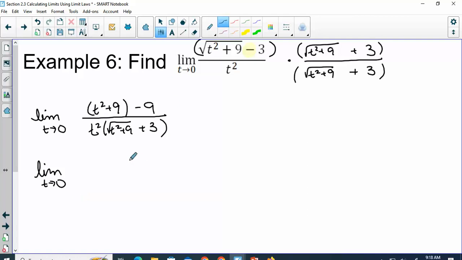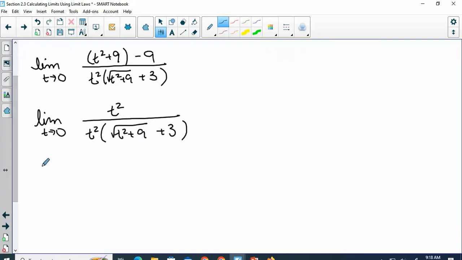That leaves me with a t squared on top over t squared times the square root of t squared plus 9 plus 3. Now what happens? So that's a 1 over square root of t squared plus 9 plus 3.